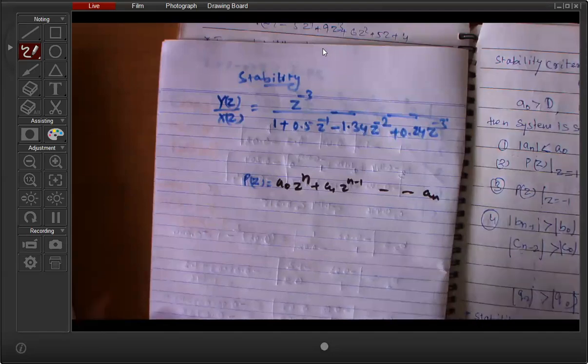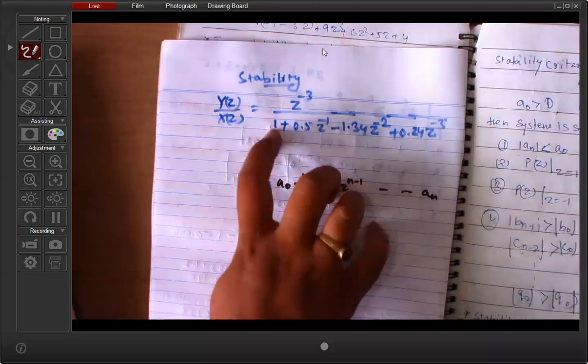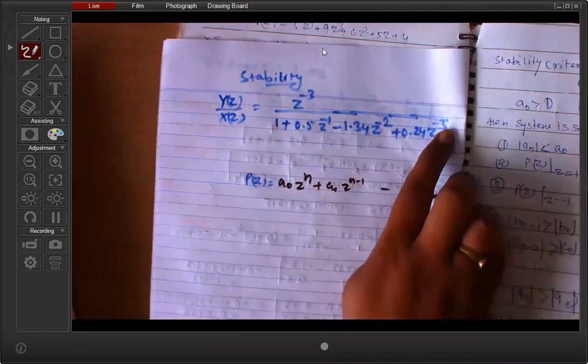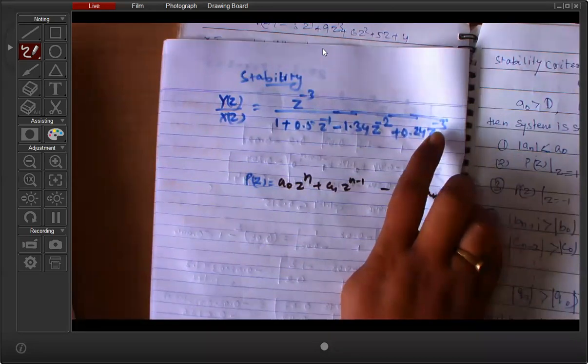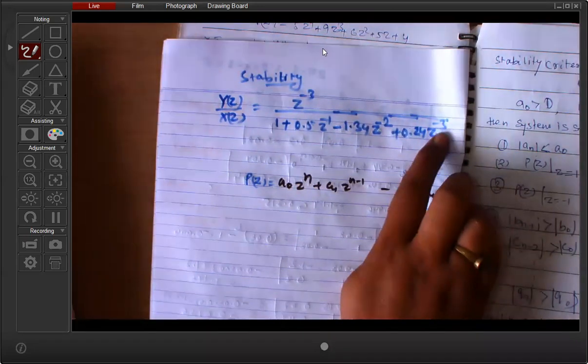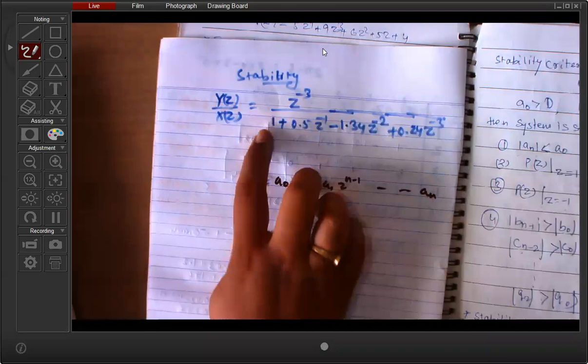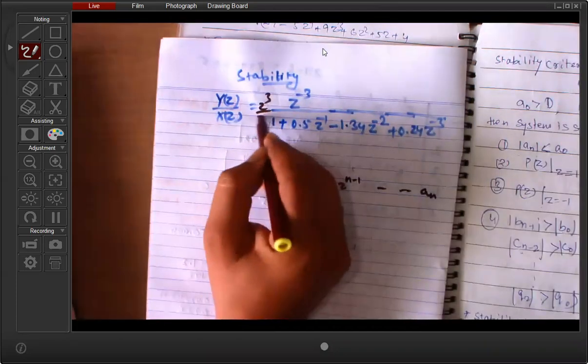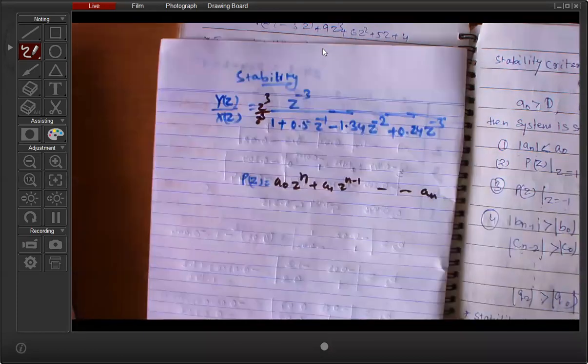You have to multiply by z to the power 3, the highest power of z to the power minus 1, which is 3. So you multiply z to the power 3 in the numerator and denominator.